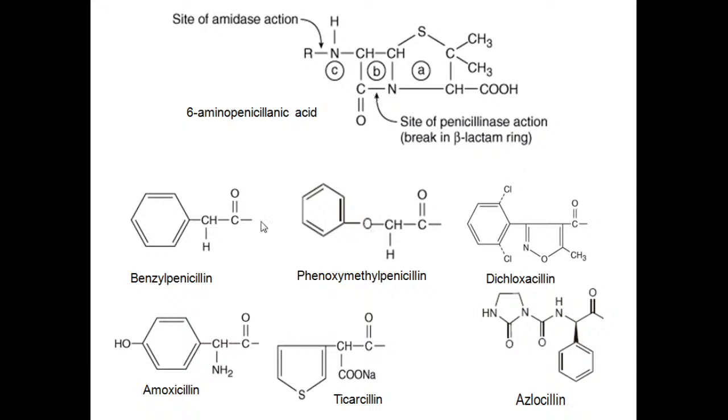And this enzyme cleaves molecules exactly at the site of the beta-lactam ring. That is why the common name of this enzyme is beta-lactamases. One of the beta-lactamases is penicillinase.